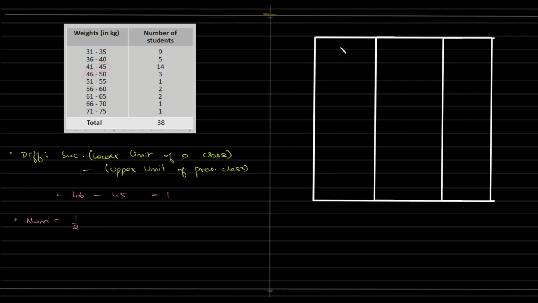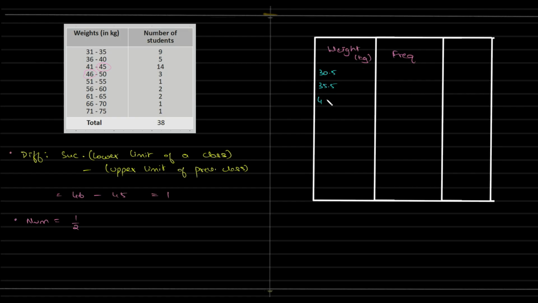So this is your weight in kg and number of students. So that's your frequency basically. So this is what we should be doing. So 31 minus half, that is 30.5. And the next one will be 35.5. We should keep on subtracting from the lower limit.